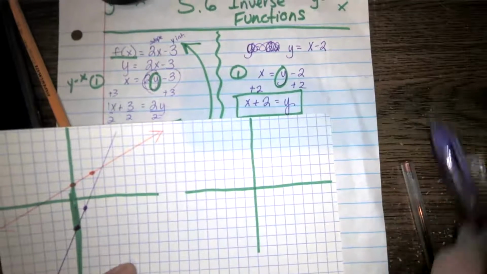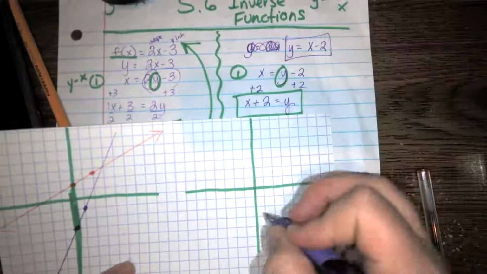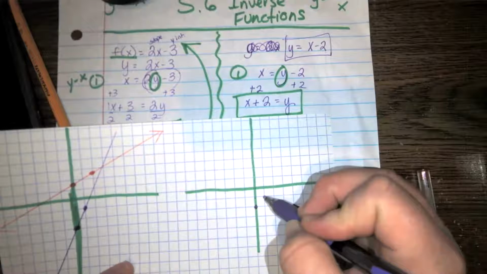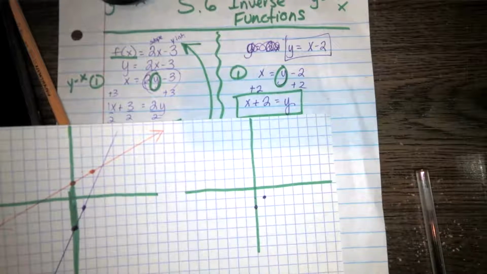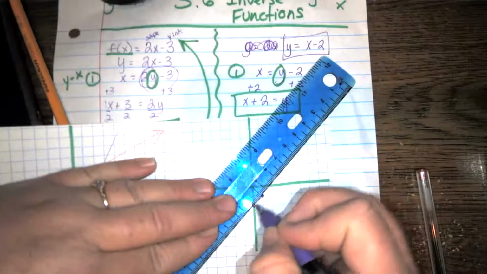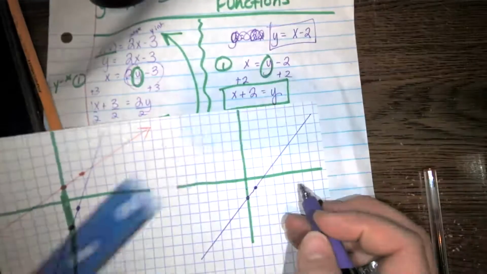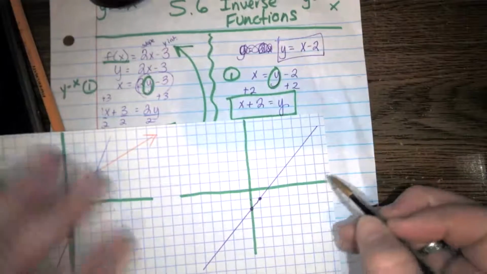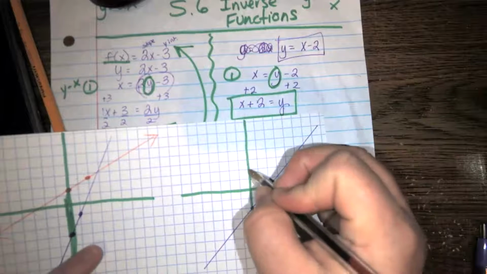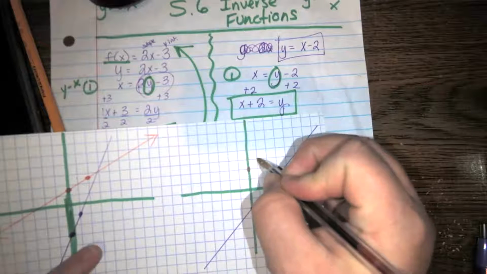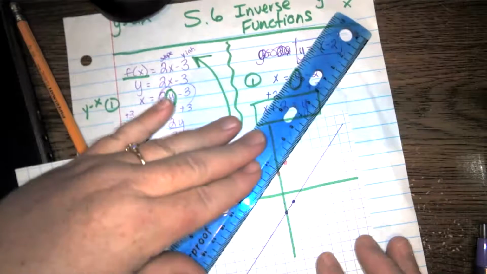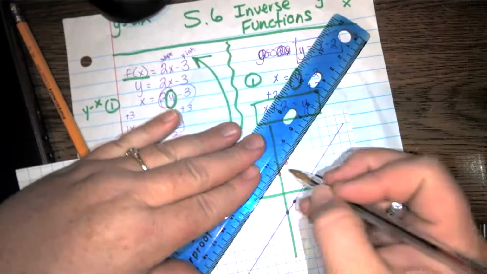All right, so the top one has a y-intercept of -2, up 1 over 1. This one has a y-intercept of 2, up 1 over 1. They're like parallel. That's weird. That's weird.